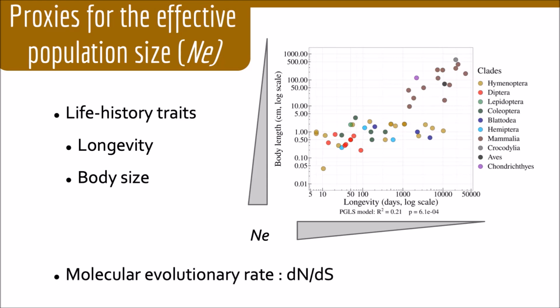And as another proxy of the effective population size, we use the molecular evolutionary rate. So we use the dN over dS ratio, the ratio of non-synonymous over synonymous substitution rate, because it has also been shown that this ratio can be indicative of the intensity of selection, so of the efficacy of selection, and so an indirect estimate of the effective population size.